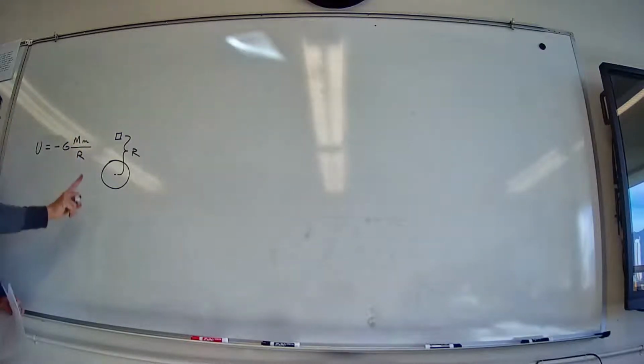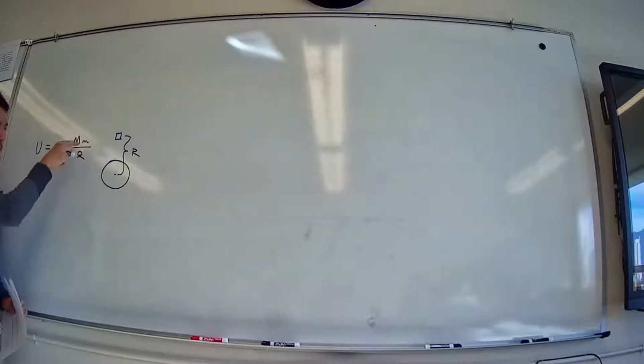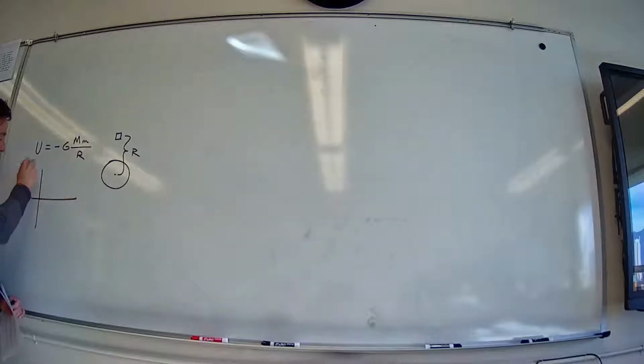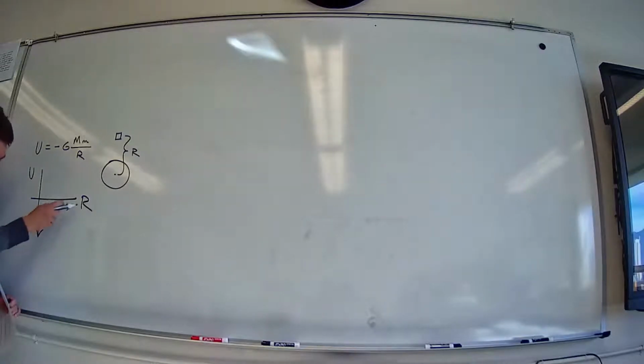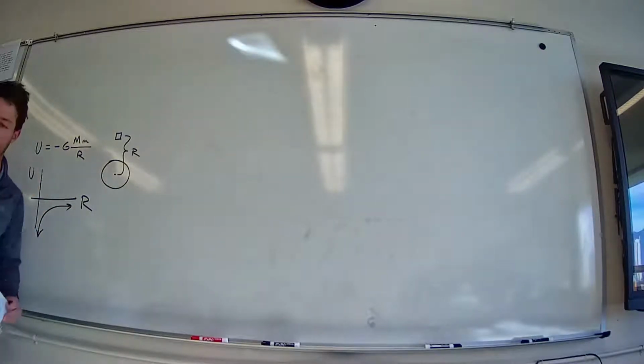And so as r gets bigger, this value gets closer to 0, but it's negative, so it's actually increasing. And again, if you graph the potential energy versus radial distance, it looks like this. So as you move to the right, as you increase the r value, you're actually increasing the potential energy. Does that all make sense? It's a little bit of vocabulary.